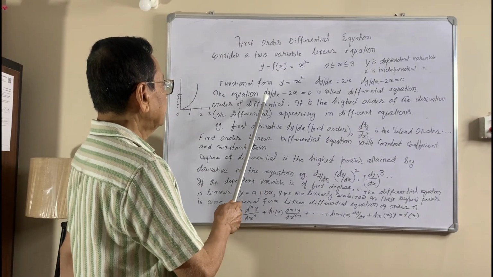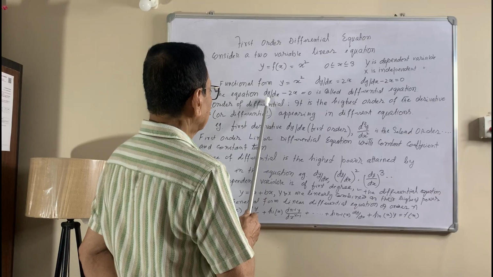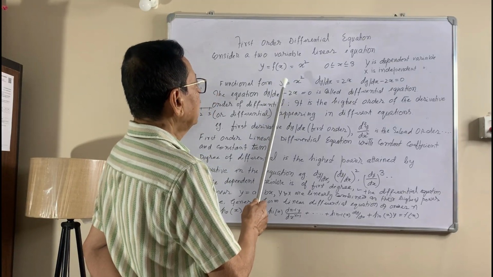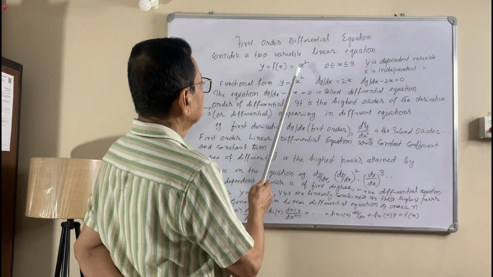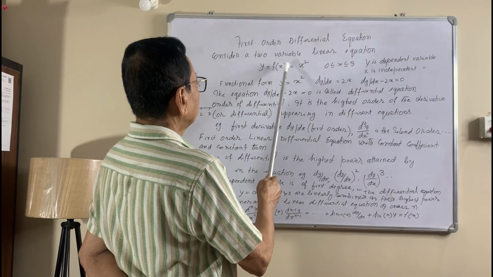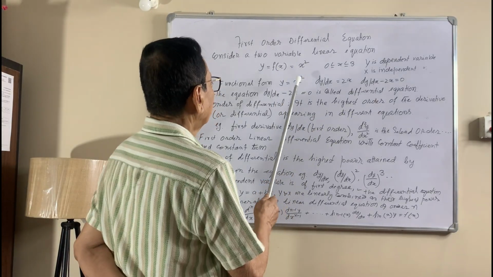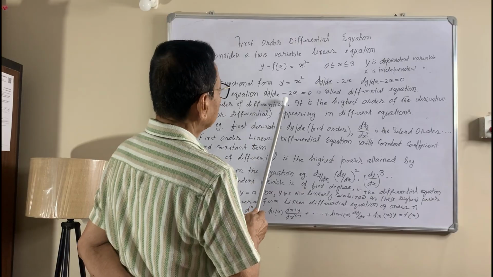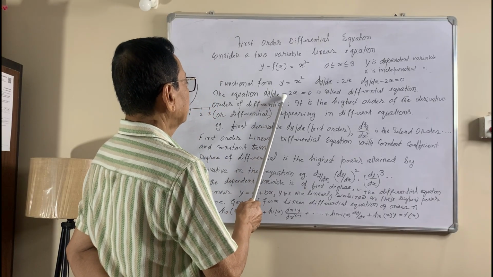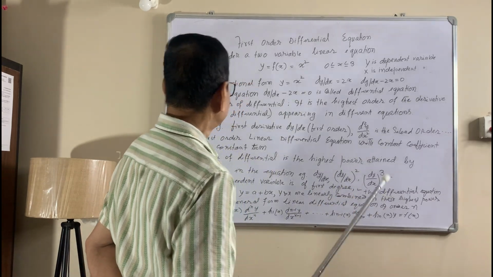Now why is it a differential equation? Because it is expressed in terms of differentiation. If we simply write y is equal to x squared, this is an algebraic equation, but when we express it in terms of the derivative, dy by dx minus 2x, this becomes a differential equation.